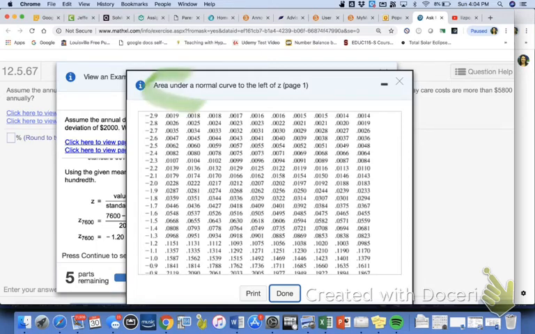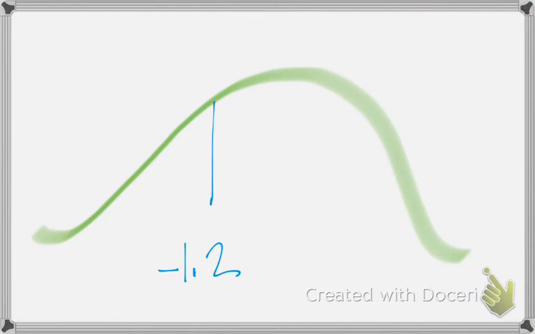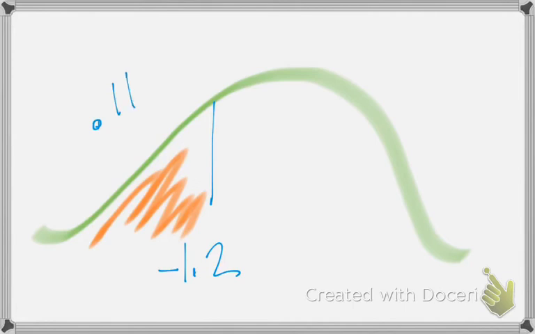Now, what exactly does that 0.1151 tell me? It's telling me, as the table tells you right here, the area under a normal curve to the left of z. So again, the table tells us how much area is to the left of negative 1.2, and again, that was 0.1151.